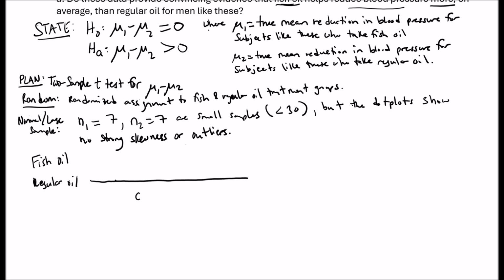We're going to record the change in blood pressure. So we got -10, -5, 0, 5, 10, and 15. Okay, and then we're going to do a graph here like this, same thing.